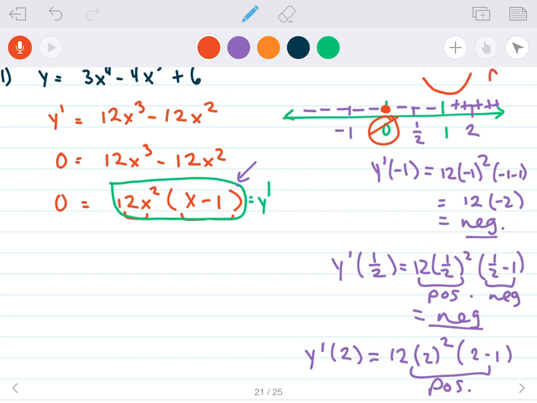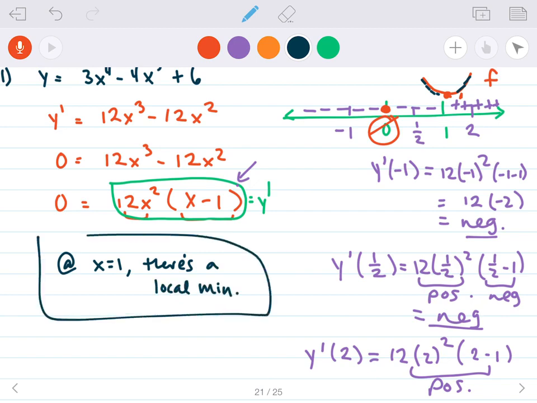So this is f. Here's our point x equals 1. The slope, the derivative, starts negative and then it goes positive. And so this is a local min at 1. So at x equals 1, there is a local minimum.